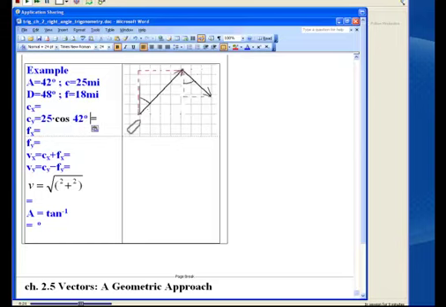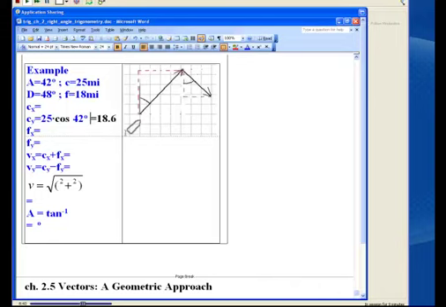So this adjacent here is the y component of the vector c, where the hypotenuse is given and the angle of 42 degrees is given. And I'm going to come up with 25 times cosine of 42 degrees is 18.6.